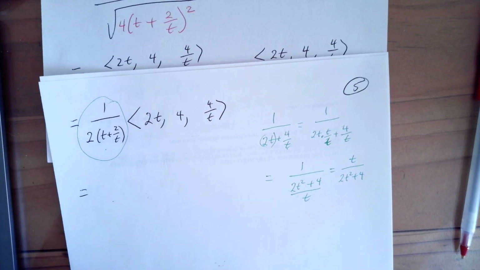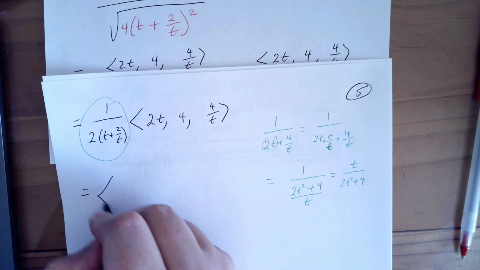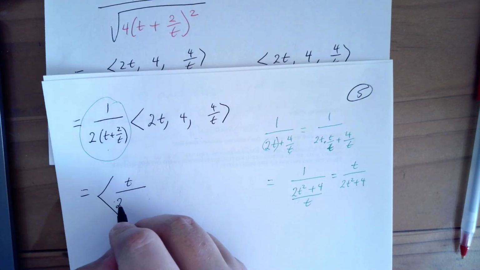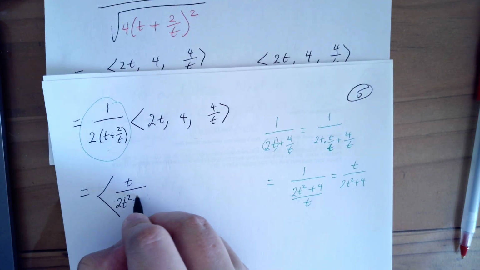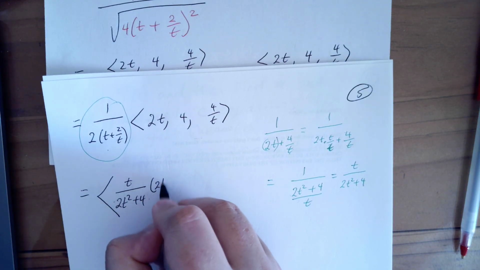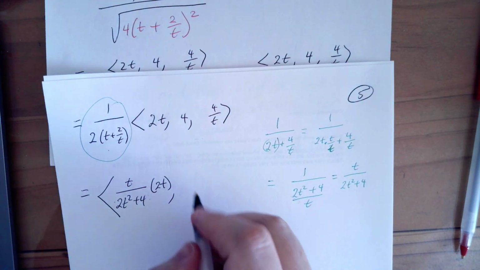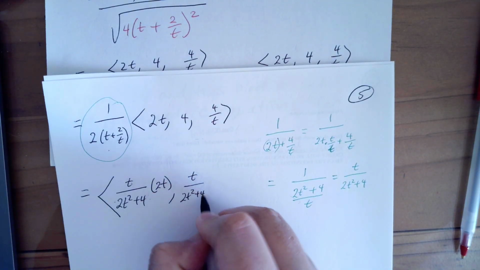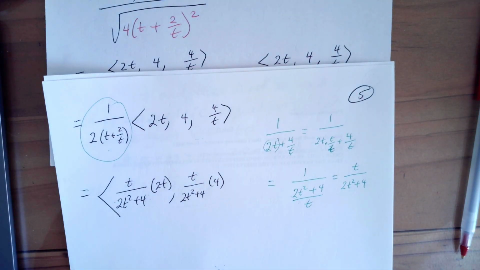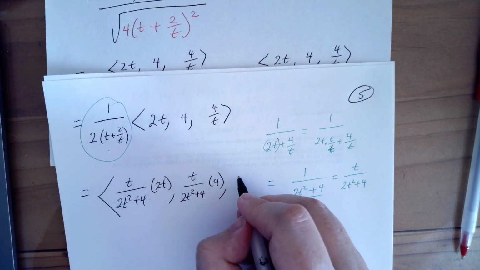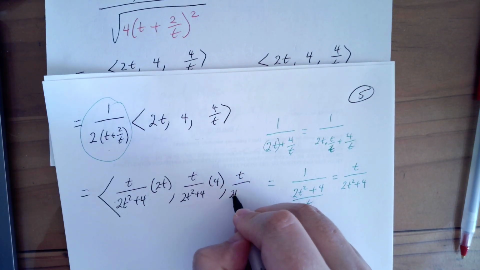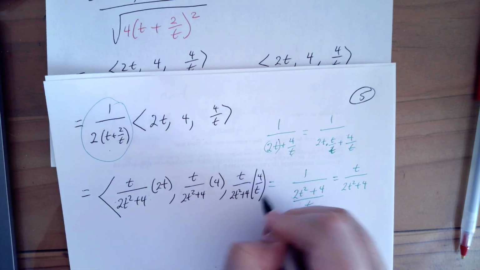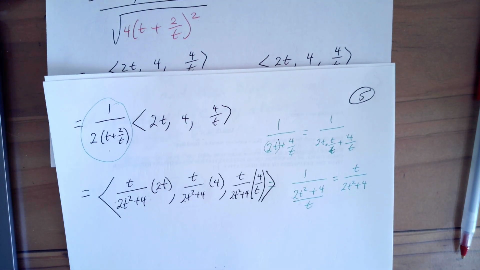Okay, so we'll end up with t over 2t squared plus 4 times 2t, comma, t over 2t squared plus 4 times 4, comma, t over 2t squared plus 4 times 4 over t. Oh, I didn't budget enough room. Okay, there it is.